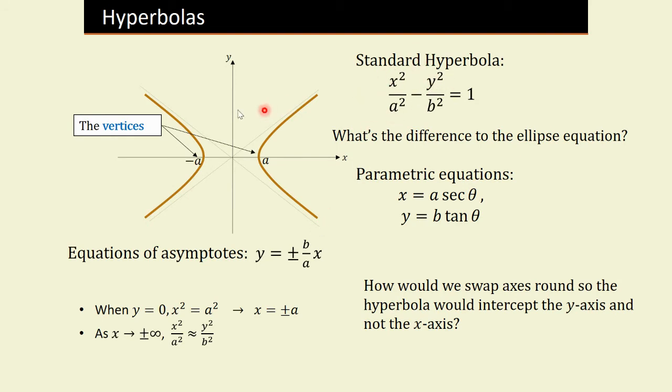The y is taking the place of the x, which was coming first, and the x is taking the place of the y. The thing that's with the b is now going to be determining where we're crossing on the y-axis. The b squareds give us the b's here. So just swap round.